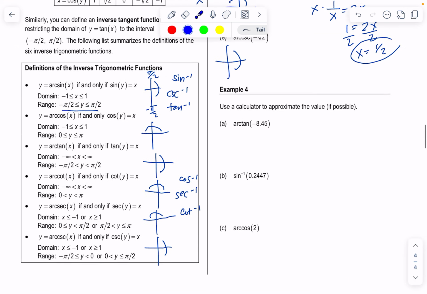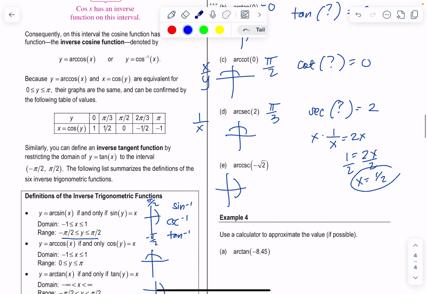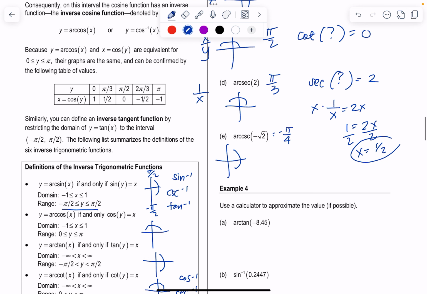If you want to solve it, by the way, the answer is negative pi over 4. But if you want to look at how I knew: 1 over sine is cosecant, which is technically 1 over y.